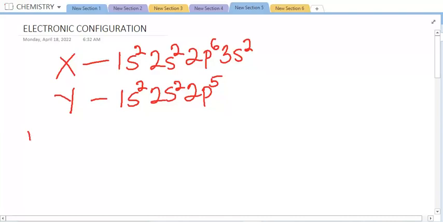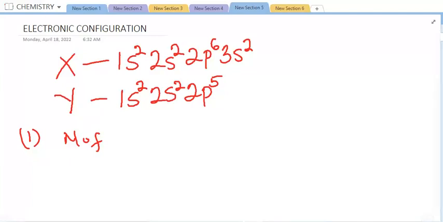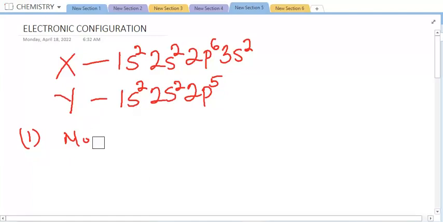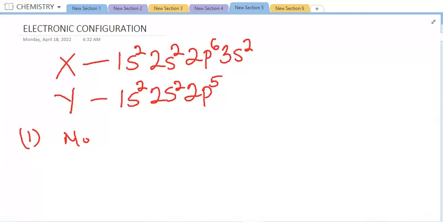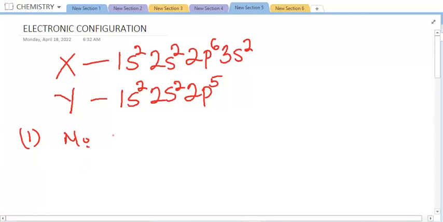Roman figure 1. We want to see the number of electrons in X and then in Y. Now, for us to see the number of electrons, we need to remember I said the power or index or exponent of an orbital signifies the number of electrons.